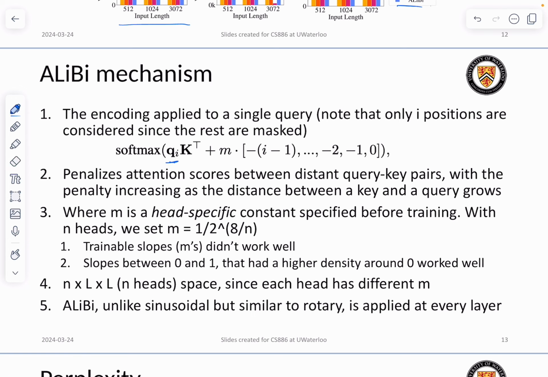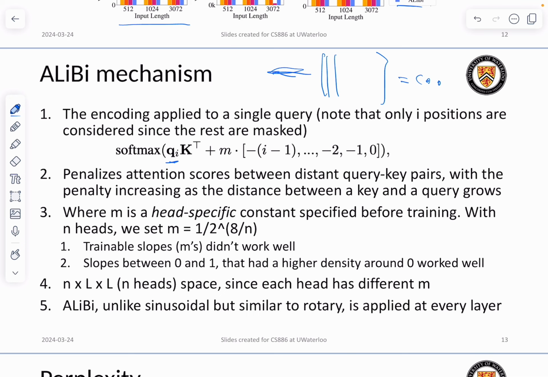So what ALiBi does is it basically adds, for query i, to q_i dotted with k: you have one q here, and you have a huge K matrix. You multiply this by this, and you get this value here, and then you multiply this by this, and you get this value here.